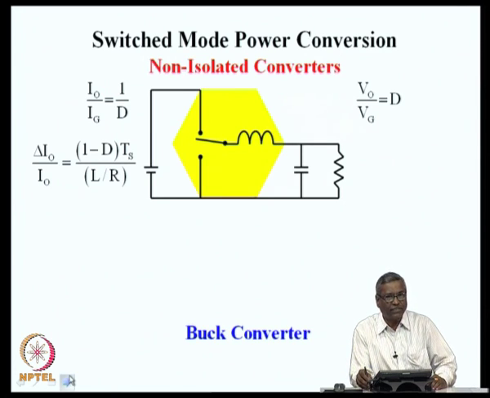One of them is that the current that is supplied to the load is not perfectly constant DC.